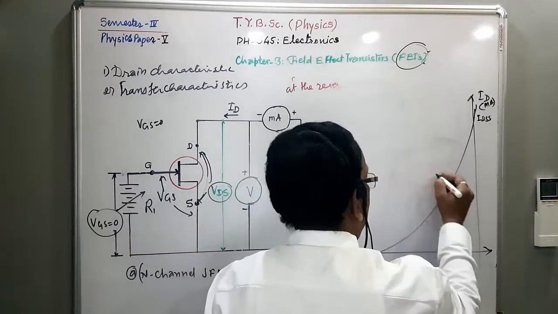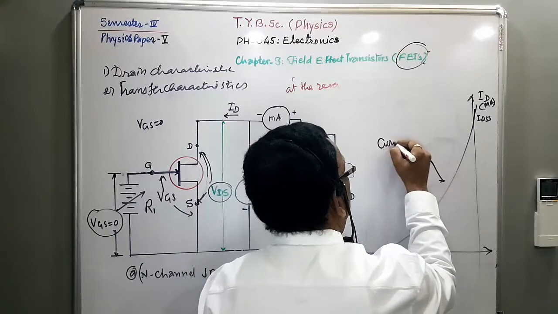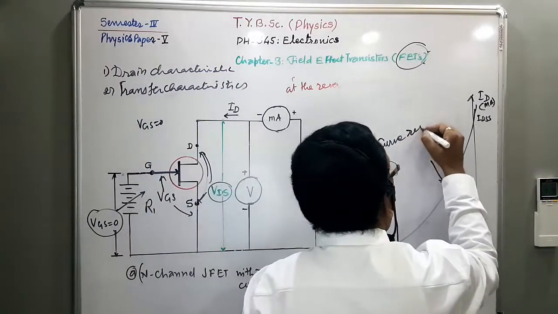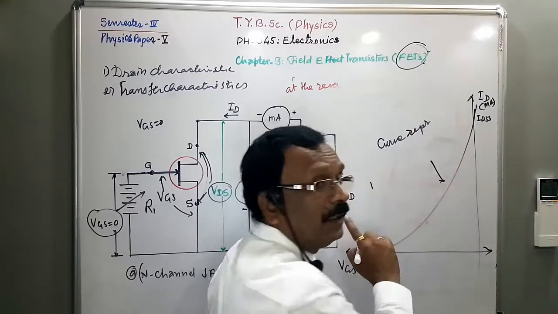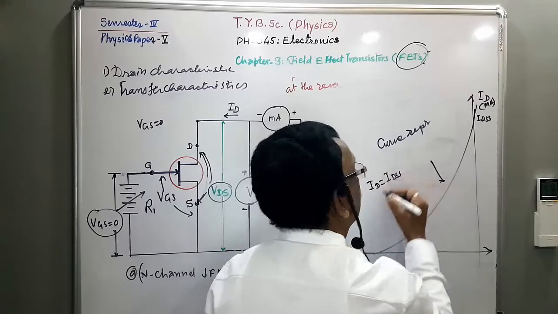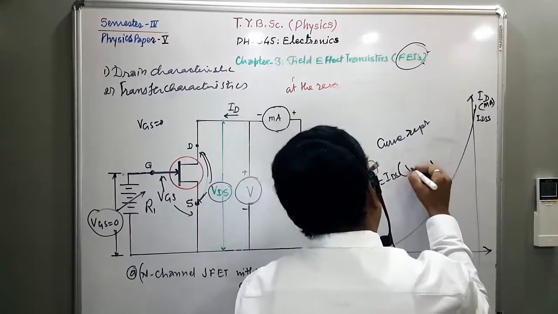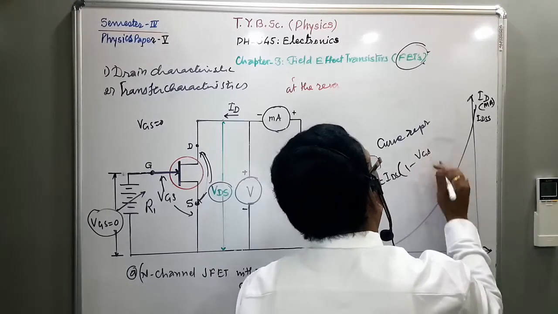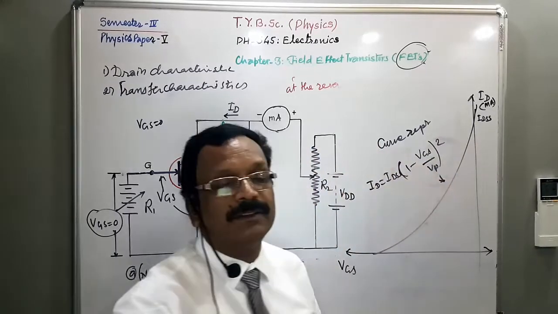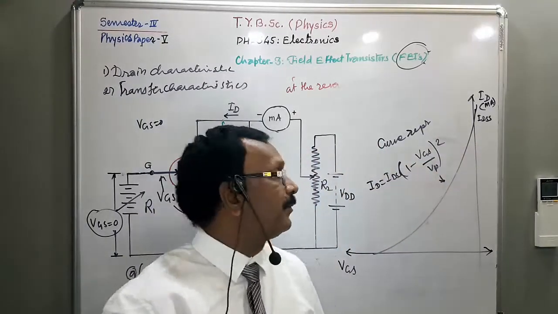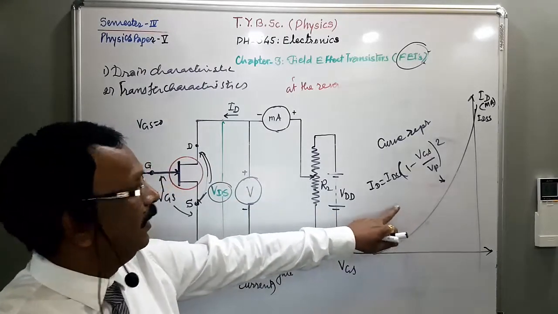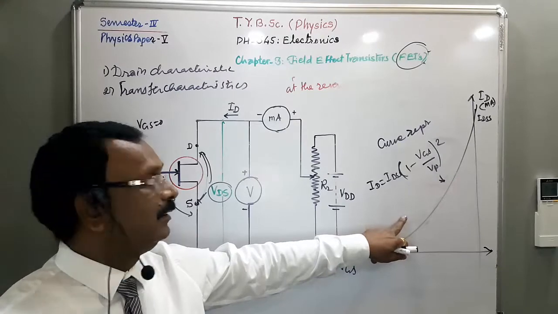This curve represents the Shockley equation: ID equals IDSS times (1 minus VGS upon VP) squared. Again, we can change the value and take different readings for transfer characteristics.